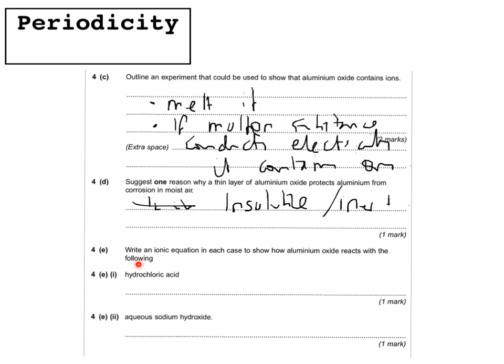Next one, write an ionic equation in each case showing aluminium oxide reacts with the following. So an ionic equation. So you're only showing the ions that are reacting. Now, aluminium oxide, as we've said, is not soluble. Therefore, you can't write out the ions separately. If it's not soluble, then it's not going to have ions in water.